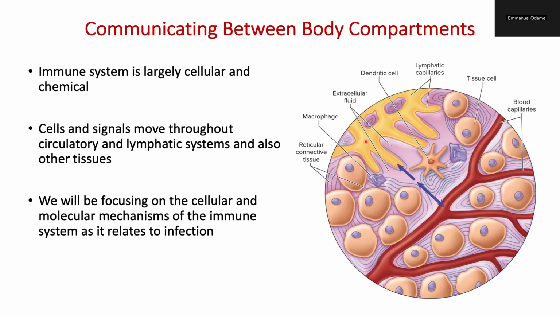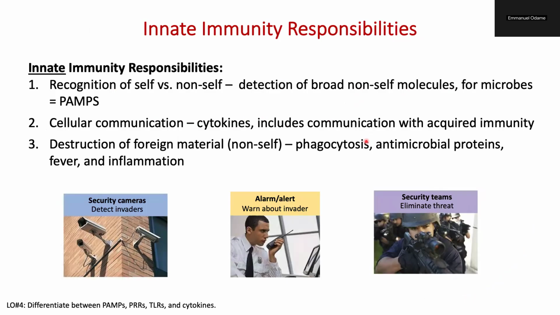But today we'll be focusing on the cellular and molecular mechanisms of the immune system as they relate to infection. So let's talk first about the immunity responsibility. Under innate immunity, basically what it does is recognize self, the cells within you, and non-self, which is the outside pathogens coming into your body. It helps in the detection of broad non-self molecules of microbes.